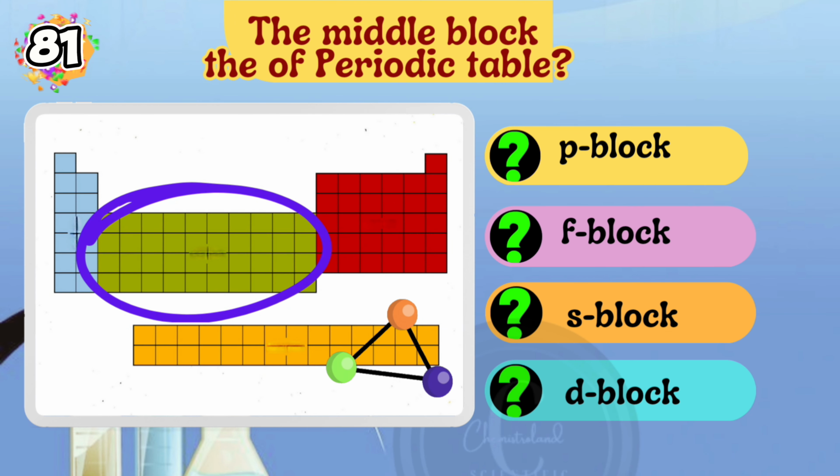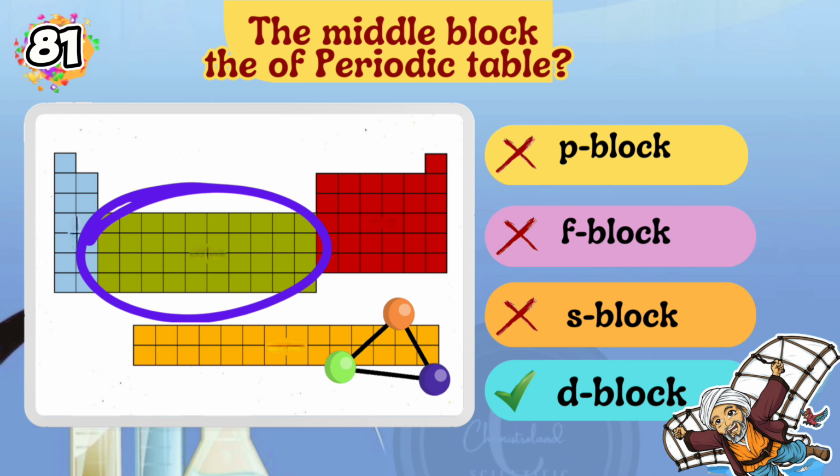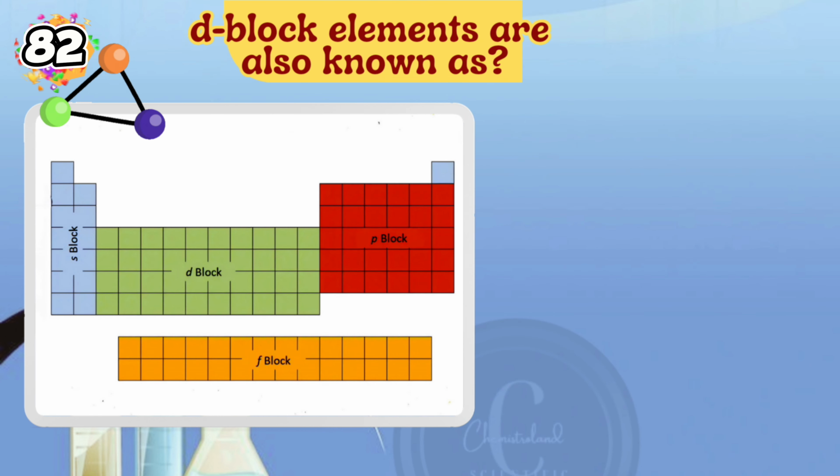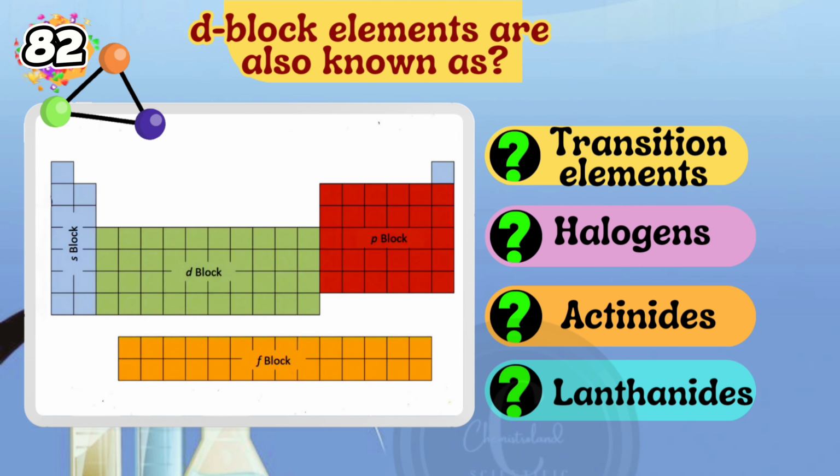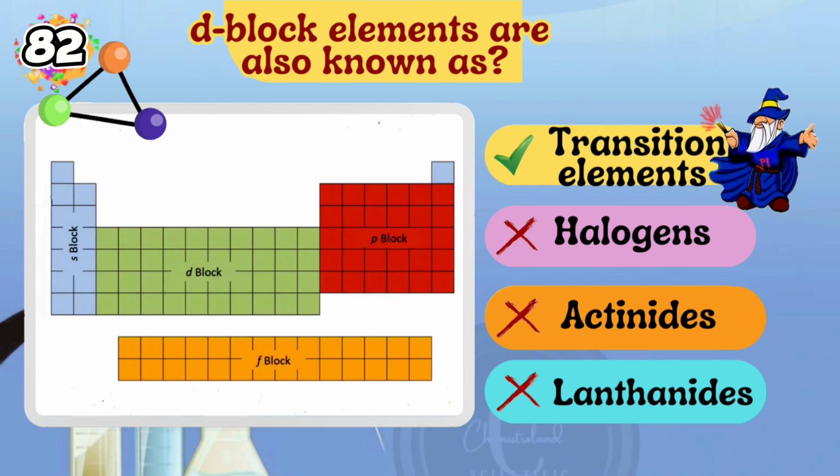The middle block of the periodic table is called... it is D block. The D block elements are also known as transition elements.